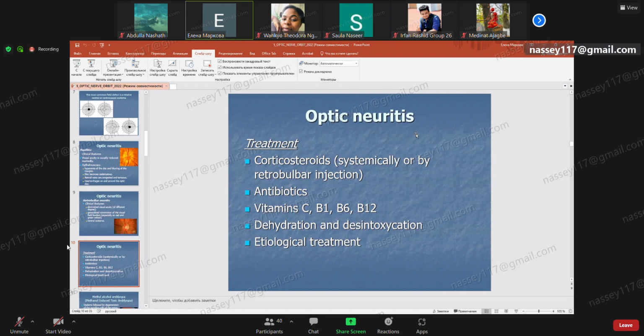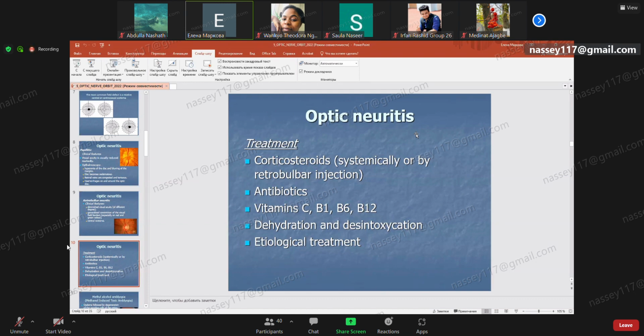Systemically with intravenous injection or intramuscular injection, and locally with retrobulbar injection.